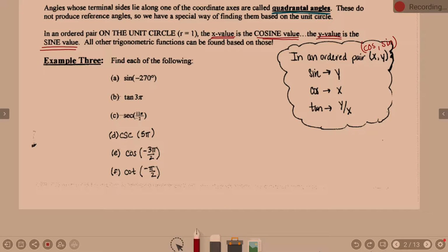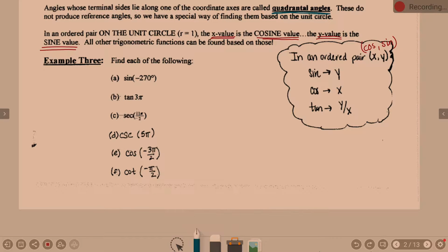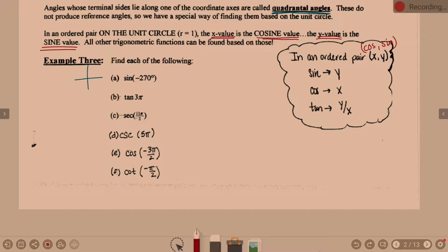So, sine of negative 270. Well, big deal. We've got to know where is negative 270. Thoughts? The y-axis at the top. Okay. She says y-axis on the top. Does that make sense? Because if I start here and I go around, negative 270 puts me up here in the same spot as 90.